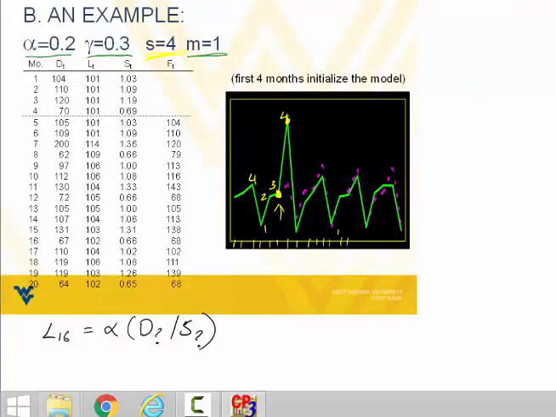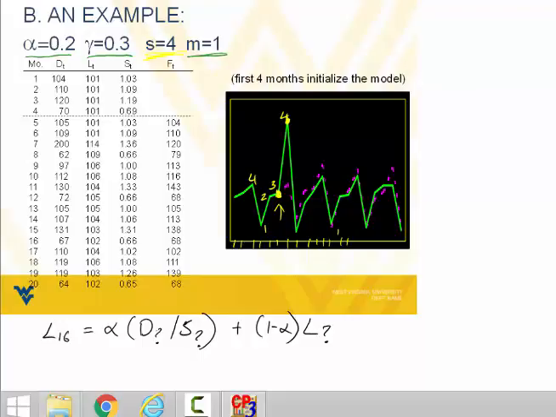Okay, so going back to our calculation for level 16, which period's demand and seasonal index should we use? Plus 1 minus alpha. And in this case, which period's level should we use? So what number is that? 67.